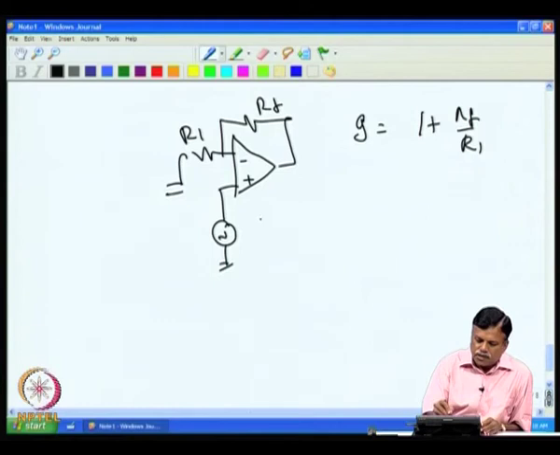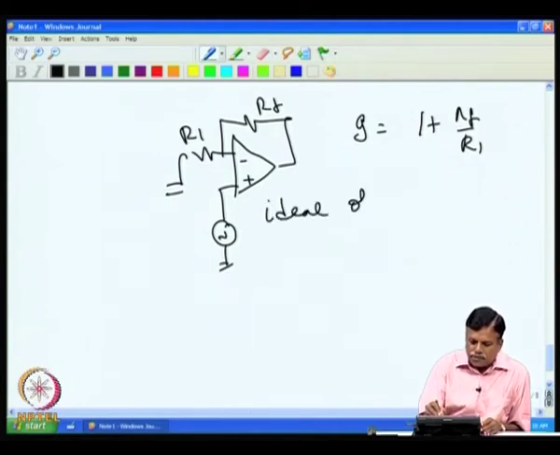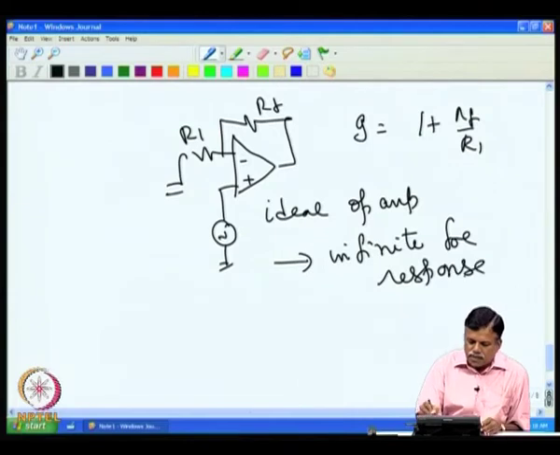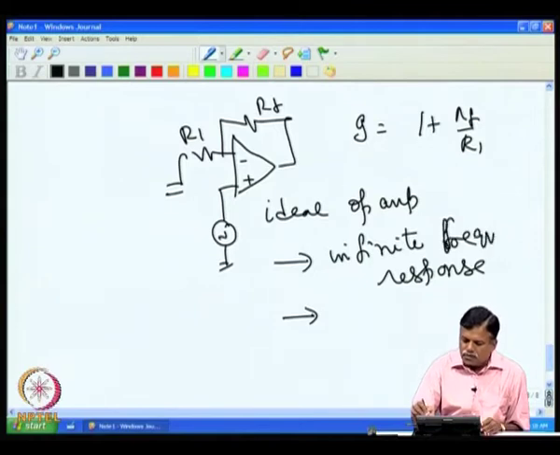So, the ideal op amp has infinite frequency response and infinite gain.